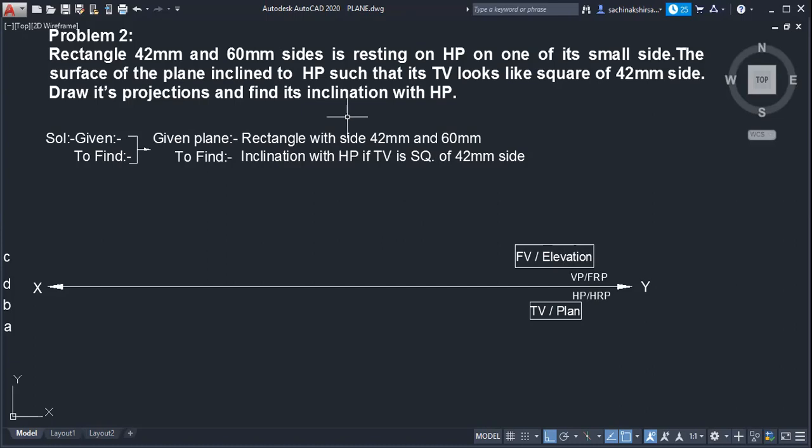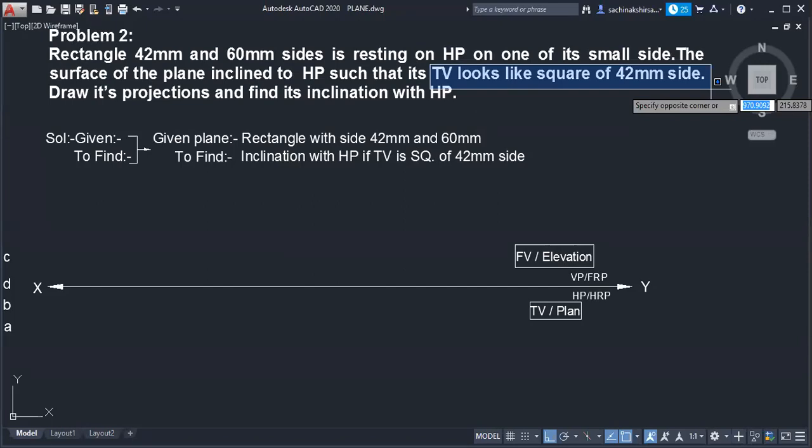Instead it is asked to find the inclination with HP. That is the last point of this problem: find its inclination with HP. But on which condition? Here, its top view looks like a square of 42 mm side.